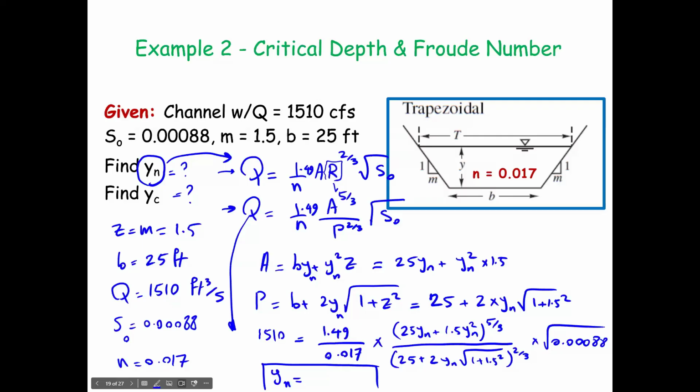Did you find yn? In case in the exam or assignment you cannot use your calculator to insert the equation and get yn, you should start giving numbers. So make your equation as simple as possible, then start giving different numbers to yn.